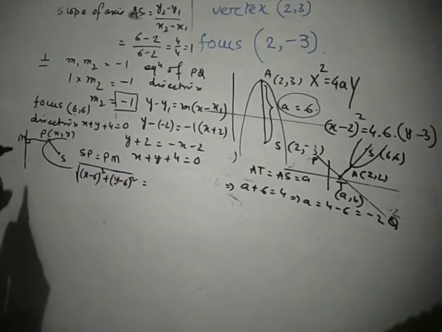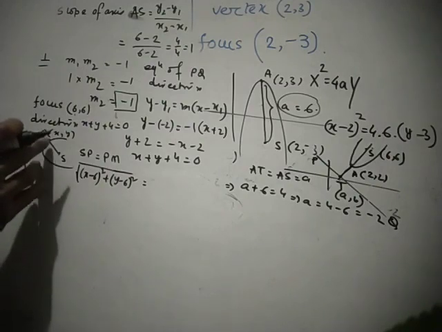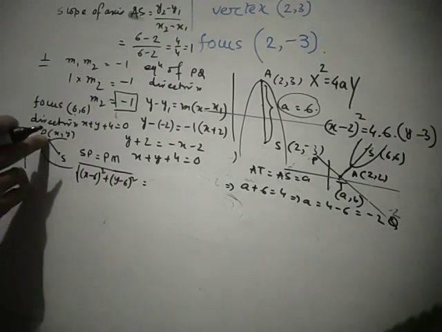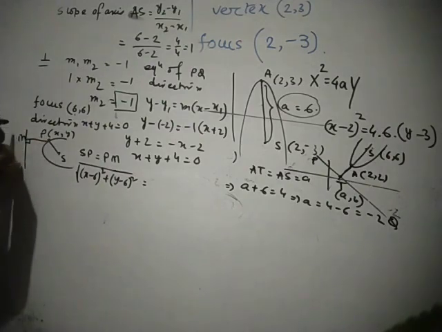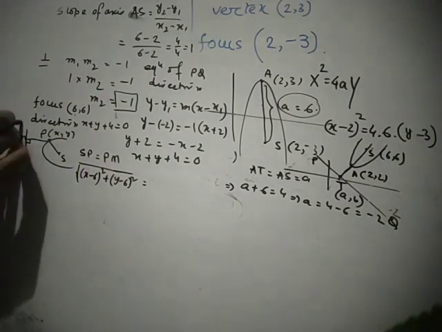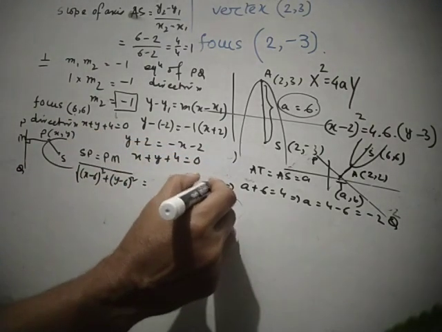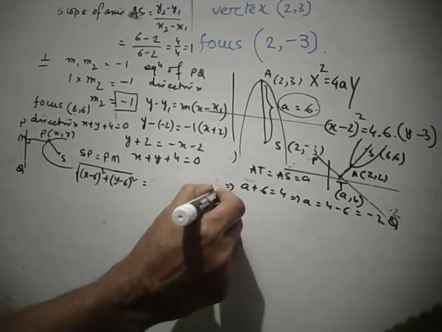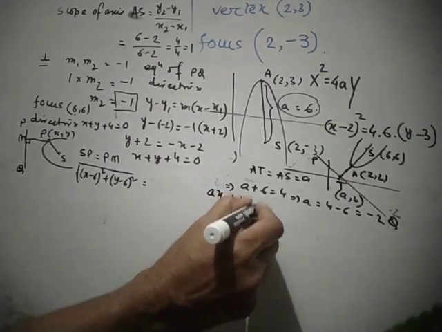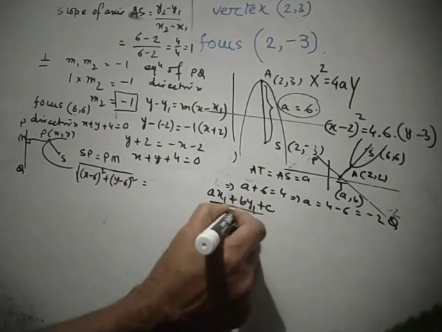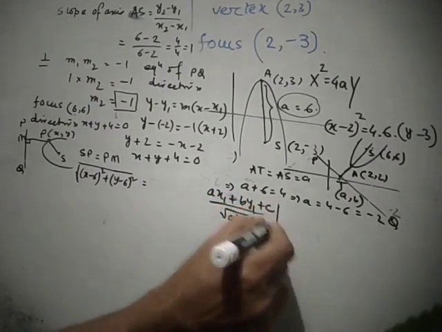PM we can find as the perpendicular distance from any point P to this straight line, that is the directrix PQ. So the perpendicular distance formula we know, from any point, ax1 plus by1 plus c by root over a square plus b square, under mod.